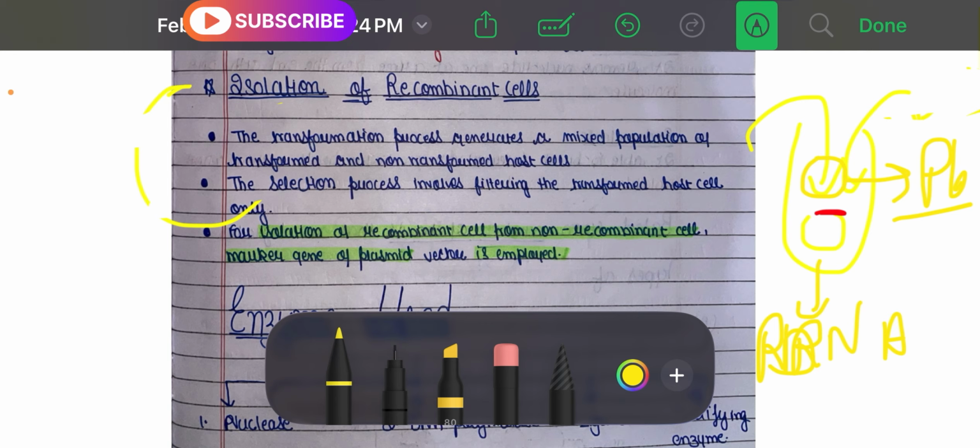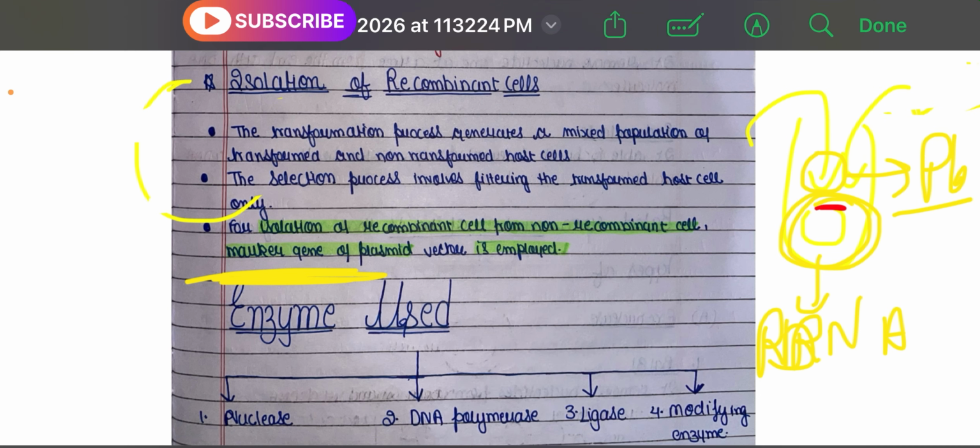Clear? Now I have to know whether my gene of interest has been inserted or not. For that, I have already told you that the marker gene is always required. So whenever I have to differentiate whether it is recombinant or not, then I have to use the marker gene.